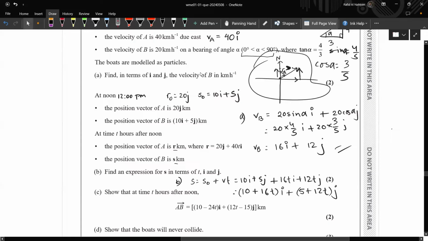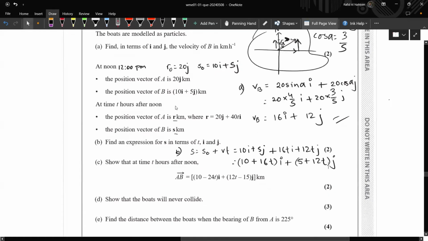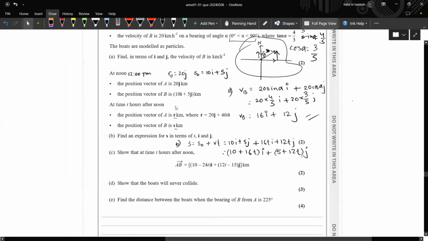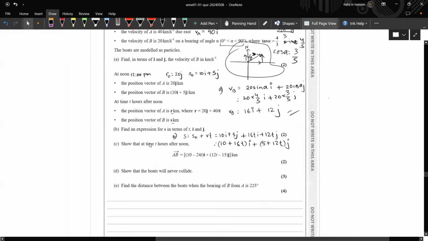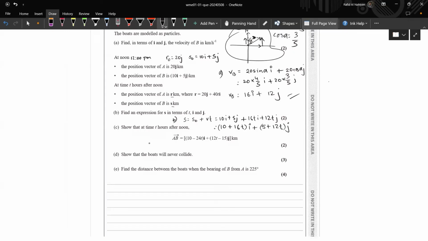All right, now show that at time t hours after noon, the vector AB is this. All right, so for that, let me actually find out the position vector. Okay, they've already given us a position vector of A in terms of t at time t hours, which is 20j plus 40ti.